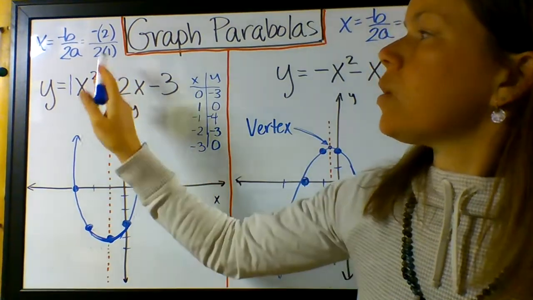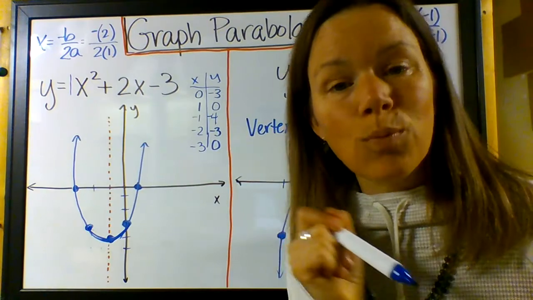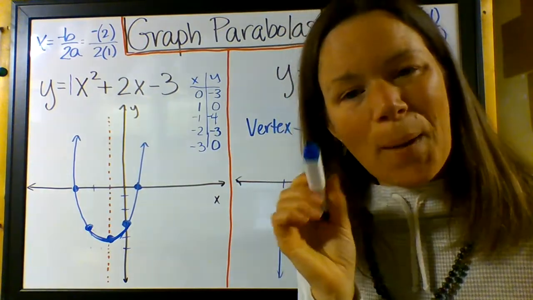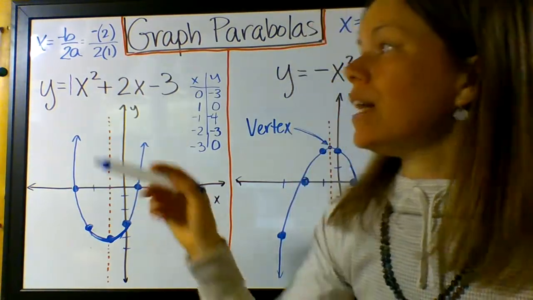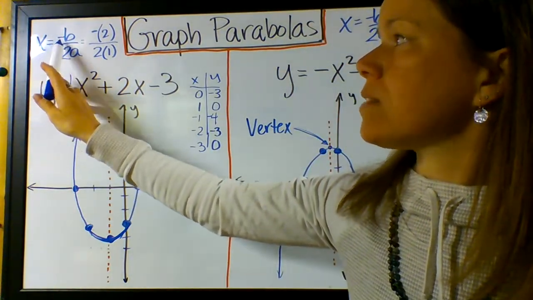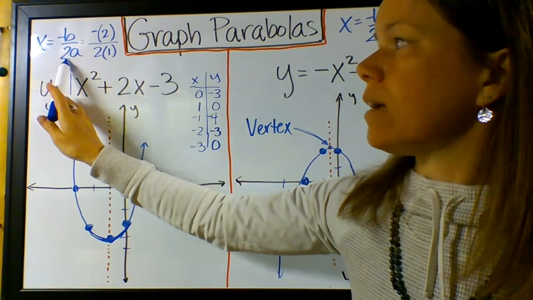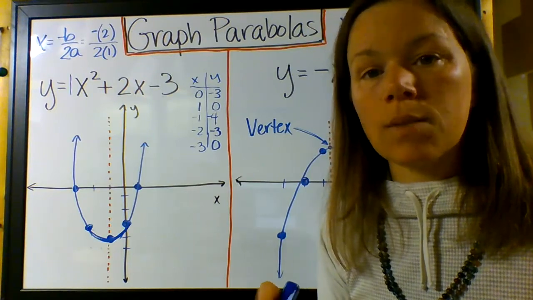Okay? If you read the study guides, you'll see written there that the axis of symmetry is the equation x equals negative b over 2a. I'll say that again, x equals negative b over 2a is the axis of symmetry.